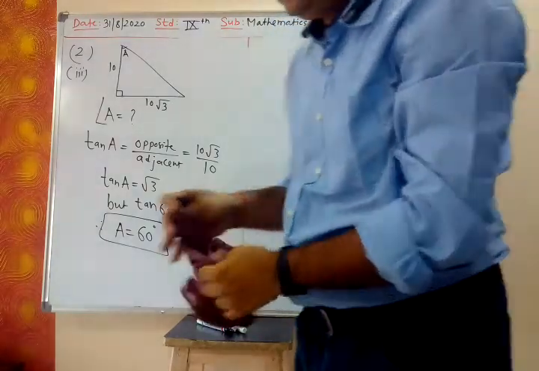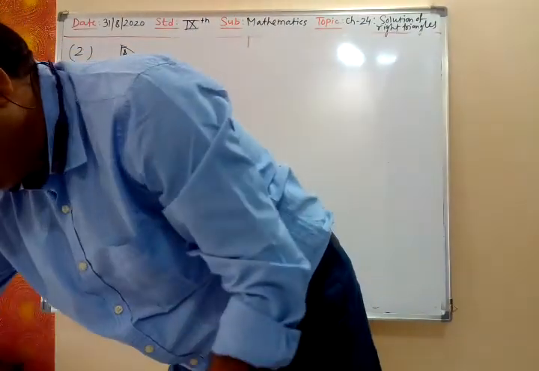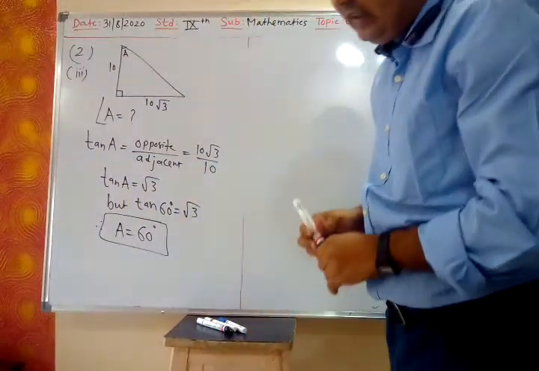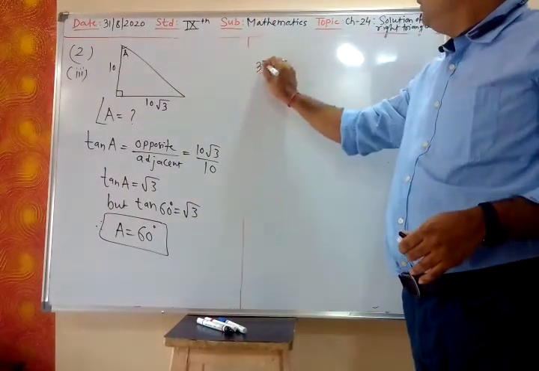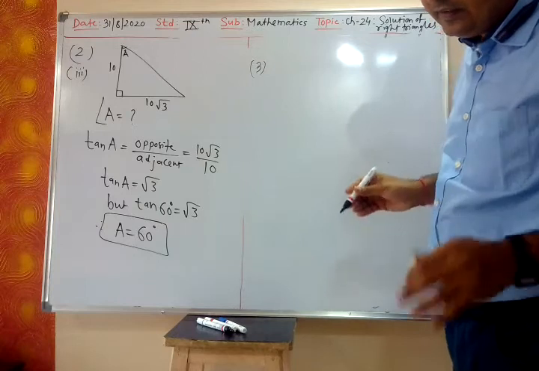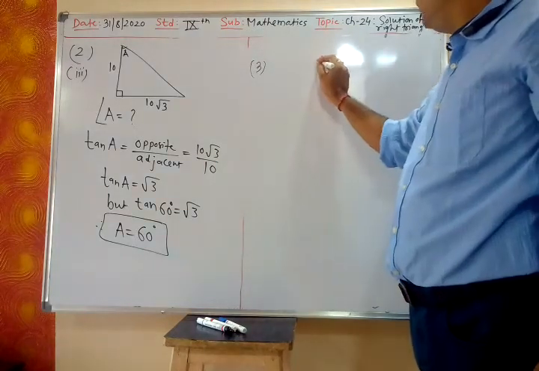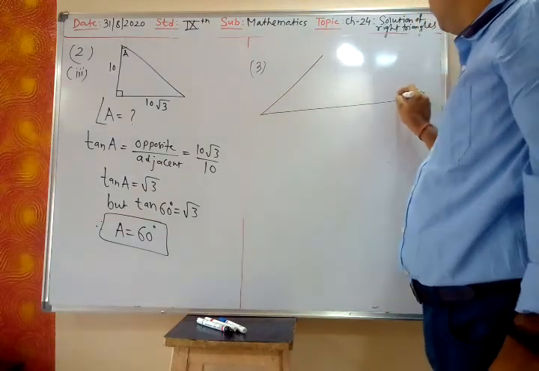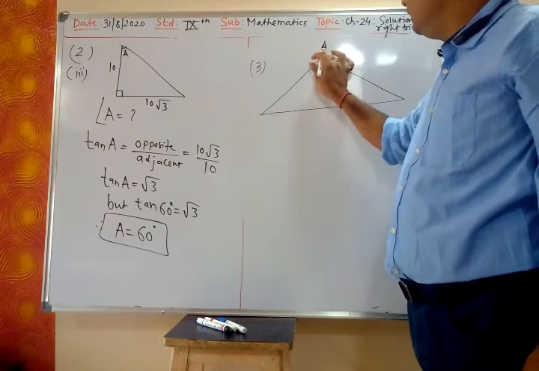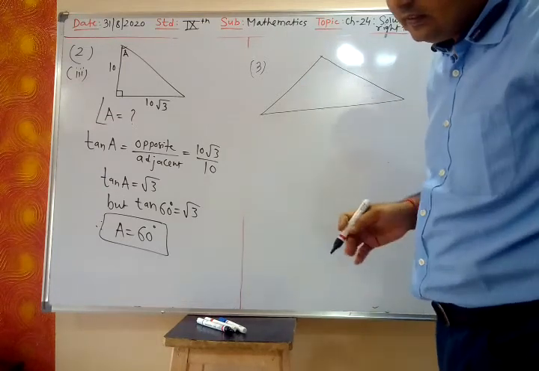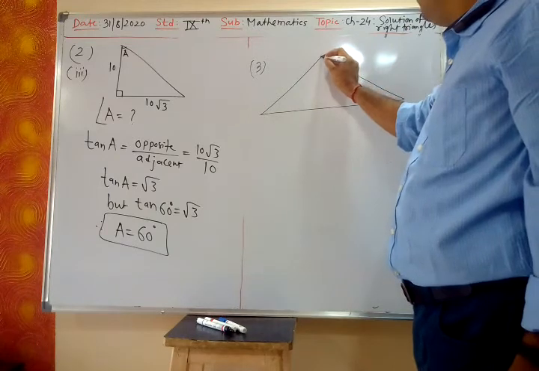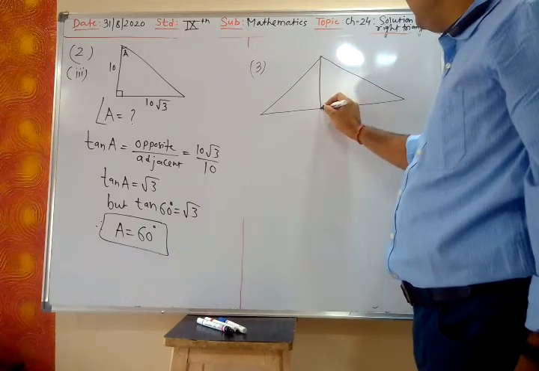Now third one. Find the angle x. Now this is 90 degree perpendicular.